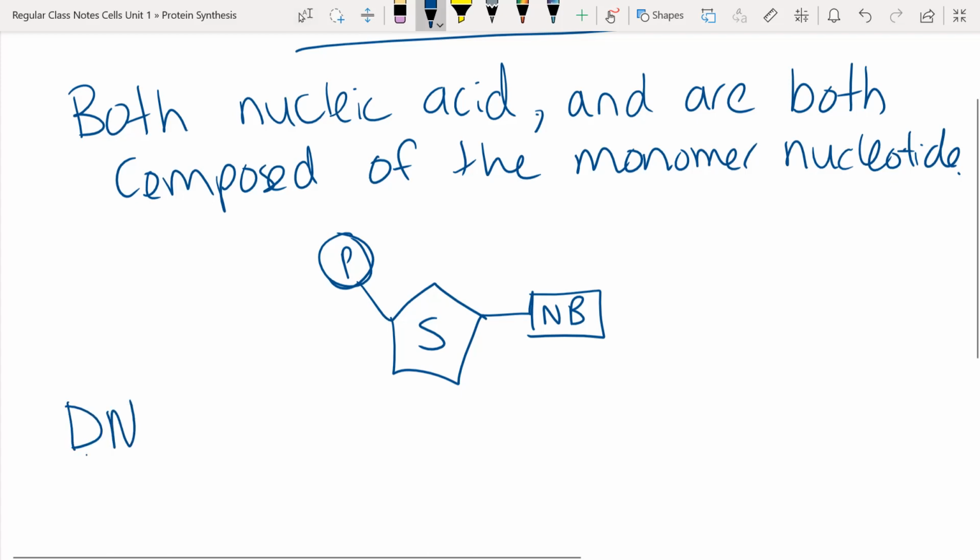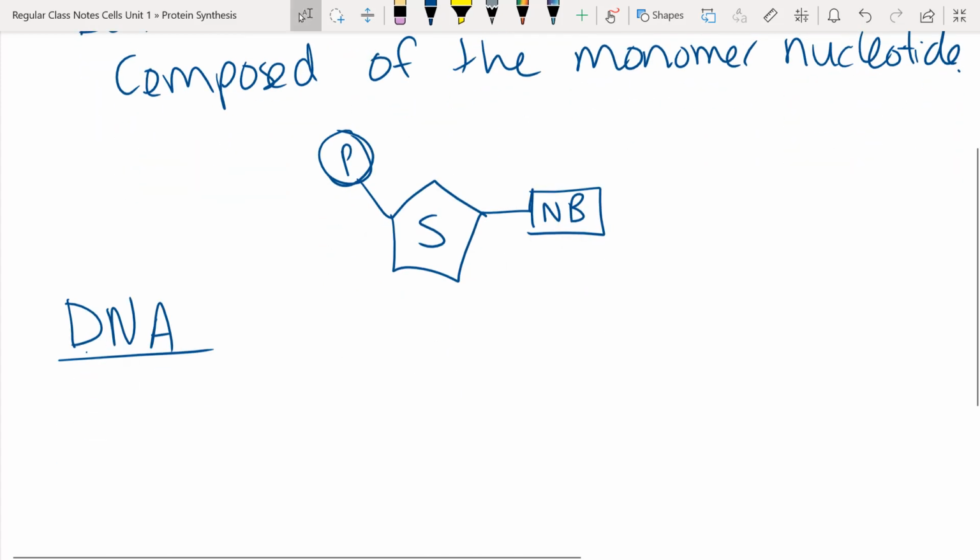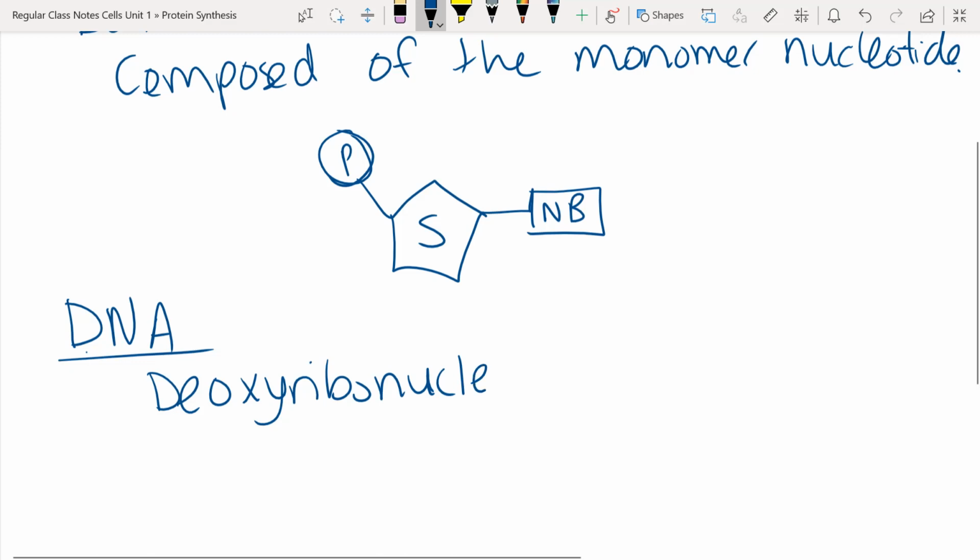So just a reminder, DNA stands for deoxyribonucleic acid. And it is named after the sugar that it contains, which is deoxyribose.